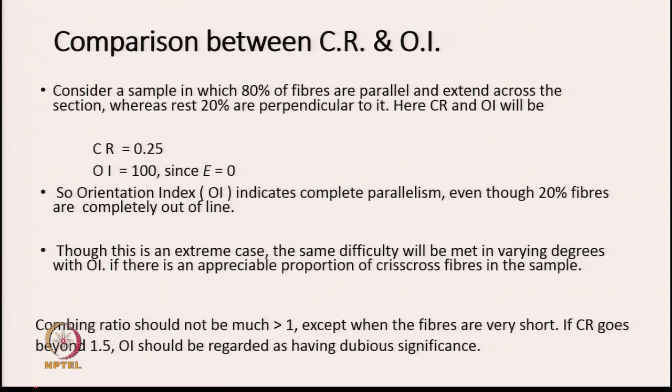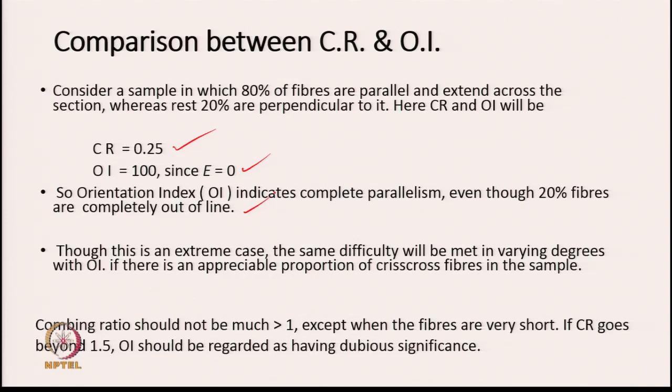So, shear and orientation index will be in this case 0.25 shear, and orientation index will be 100 since E will be almost 0. So, orientation index indicates complete parallelism even though 20% of fibers are completely out of line. So, orientation index may not be able to make a proper judgment in a hypothetical situation like this.